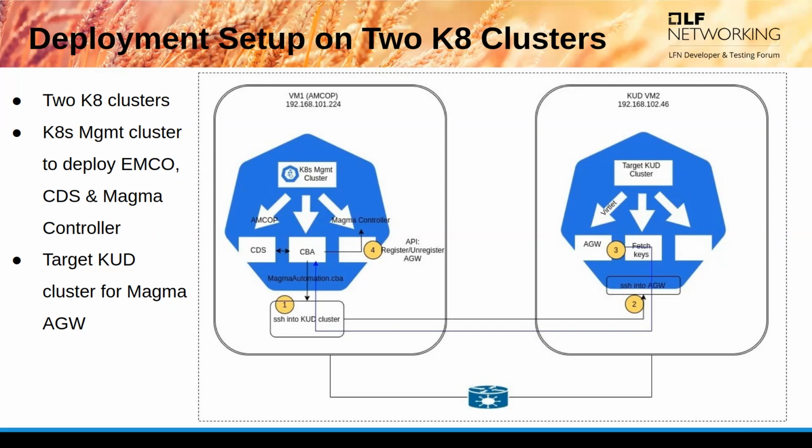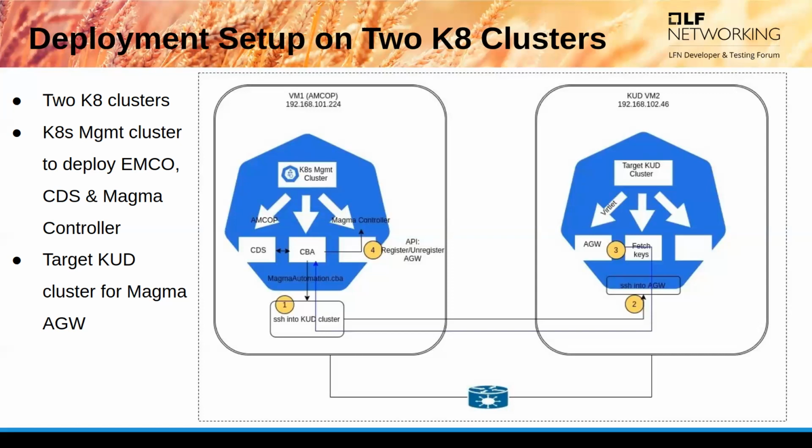The VM1, which we have named AMCOP, is residing on the 192.168.101.224 IP address, and it has one management Kubernetes cluster. In that, we have deployed AMCOP, which is nothing but our EMCO, and on the same setup we make use of the EMCO to deploy the Magma controller itself.